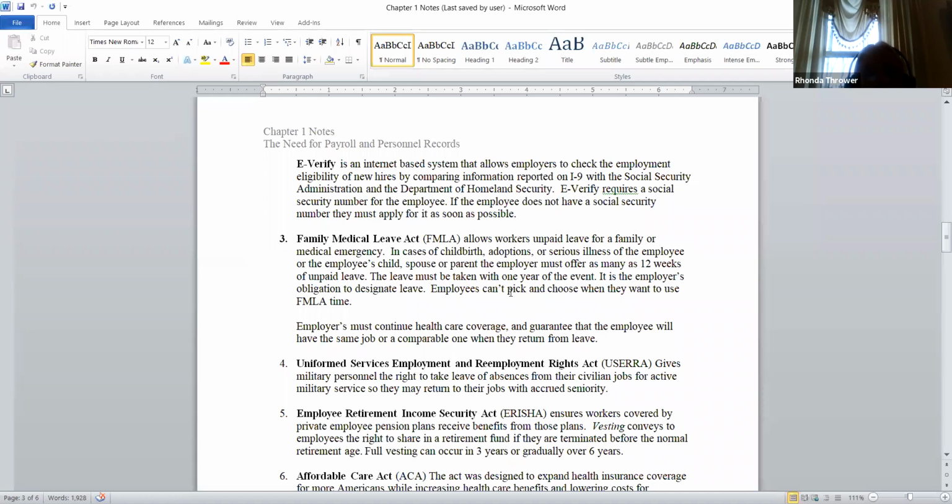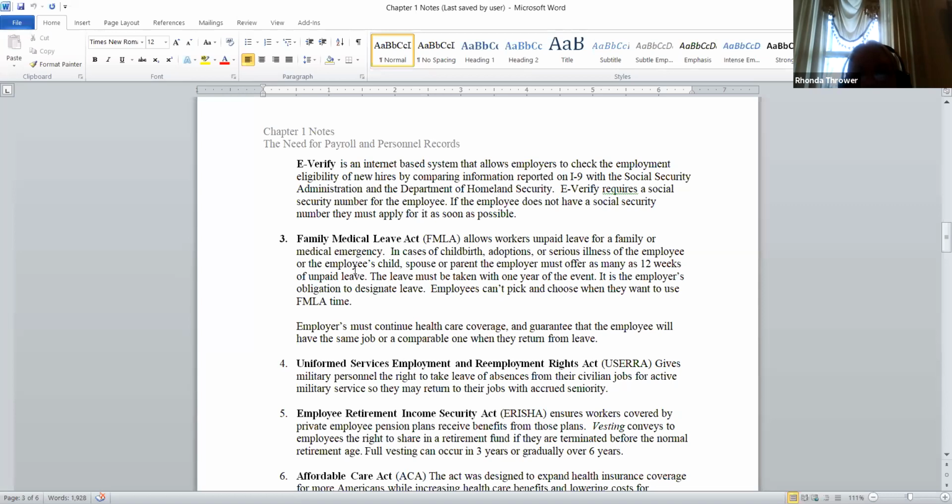The leave has to be taken within 1 year of the event, and it is the employer's obligation to designate the leave. In other words, the employee can't pick and choose when they want to use the Family Medical Leave Act time. But this was an act that's set aside to help people who have family or medical emergencies.